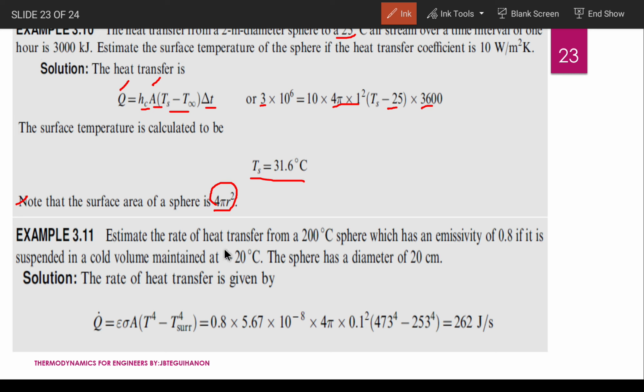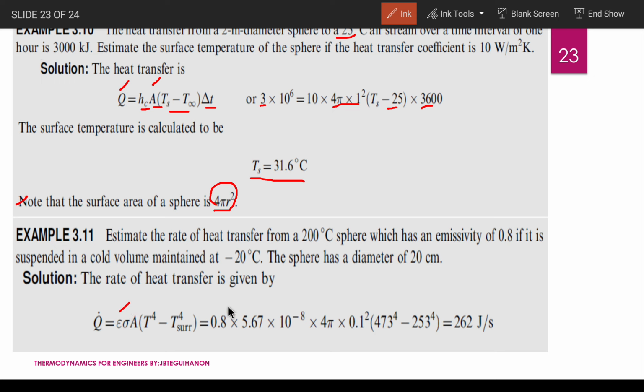So, estimate daw natin yung Q transfer from 200 degrees Celsius sphere na mayroong emissivity. So, ano to? Radiation. Diba? Nagbigay siya ng tagi-isang problem sa bawat mode of transfer. So mayroon tayong formula. Direct substitution ang tawag dito. No? Okay? Yung emissivity is 0.8.